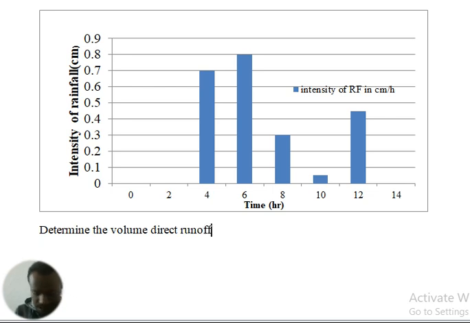The volume of direct runoff is simply calculated by using volume is equal to depth times what? Depth times area. So go to insert and take equation.